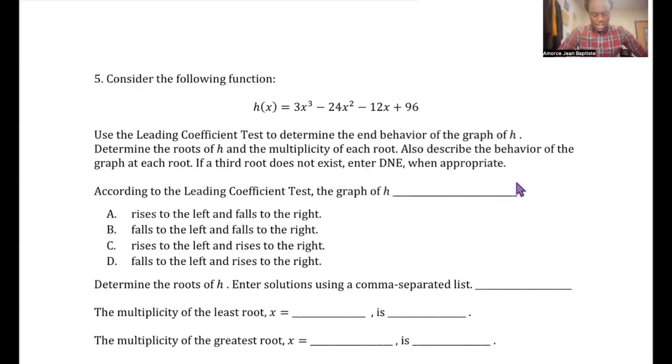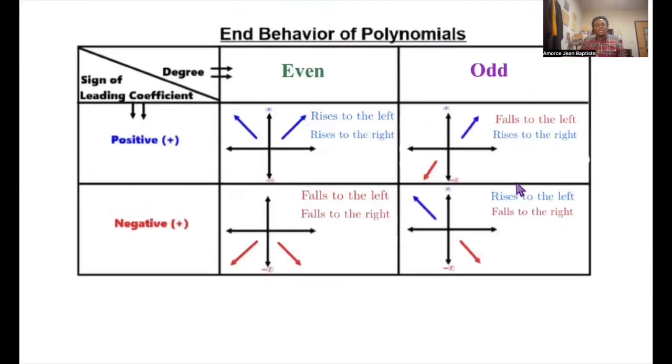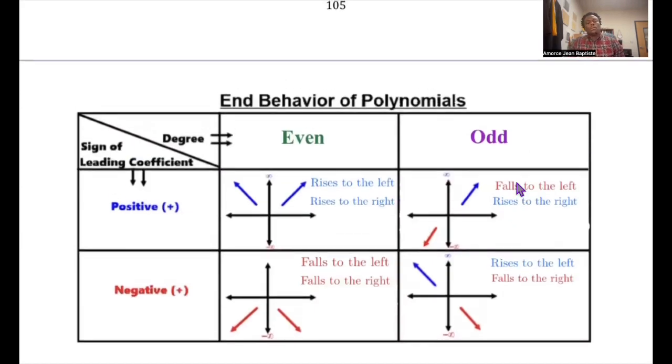Okay, for this example, we will be talking about the end behavior of a polynomial function. So I have this table that summarizes the different outcomes when it comes to the end behavior of a polynomial function.